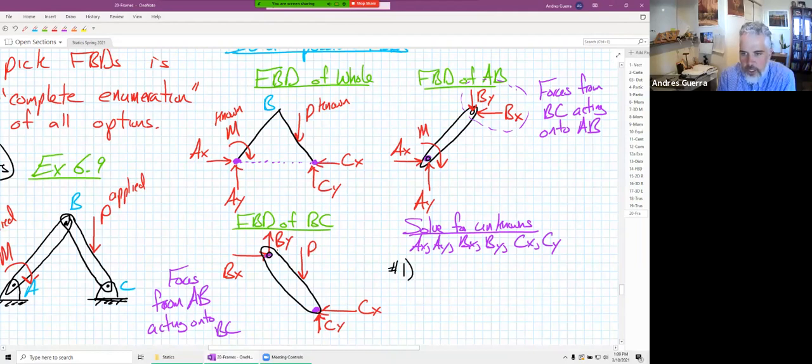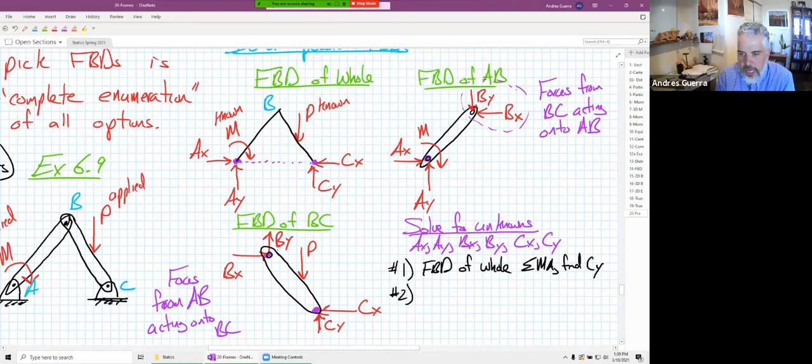So number one, we're going to do the FBD of the whole, but you can see that we needed to identify all of our options first, right? Then we can pick which FBD we're going to use. FBD of the whole, we'll sum moments about A, and we'll find CY.